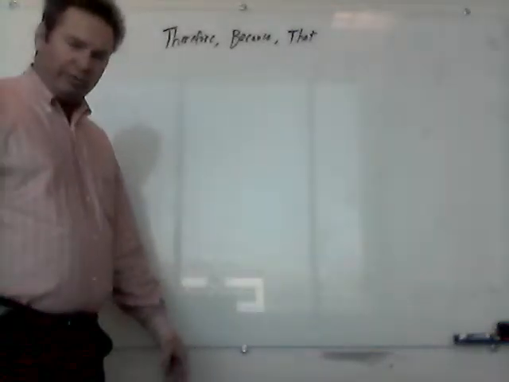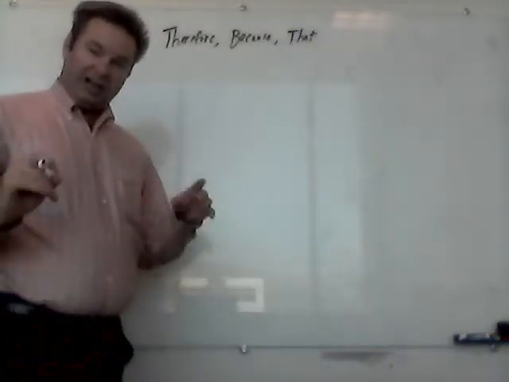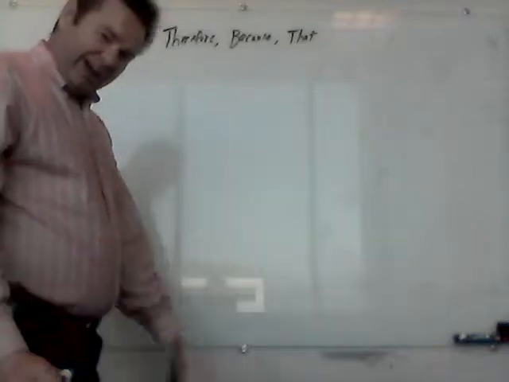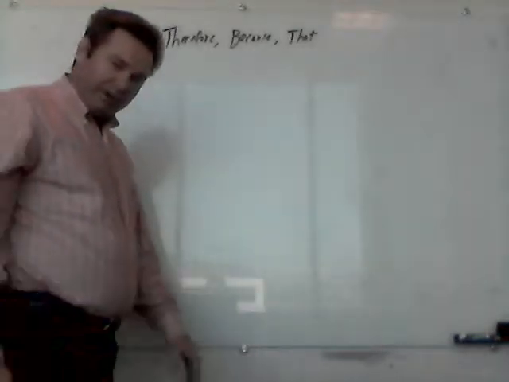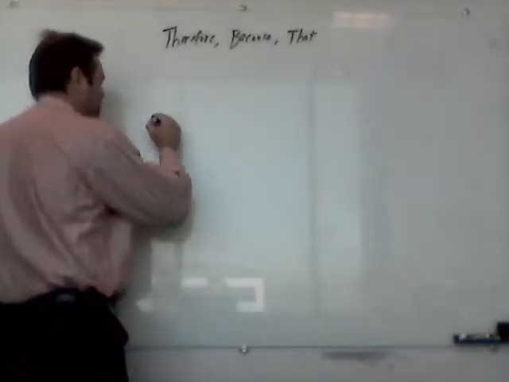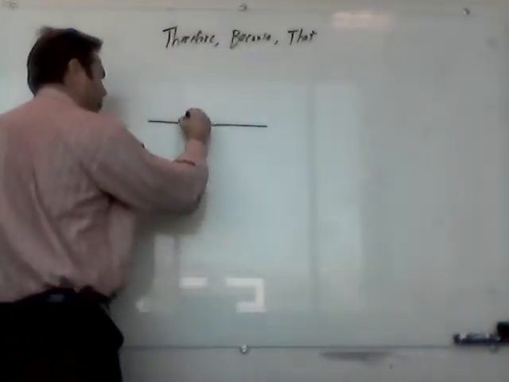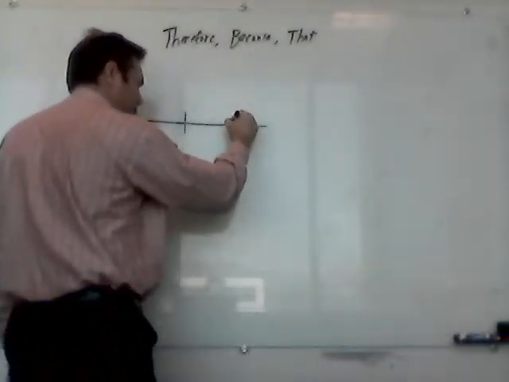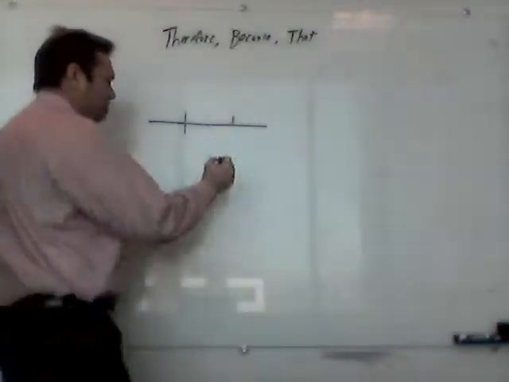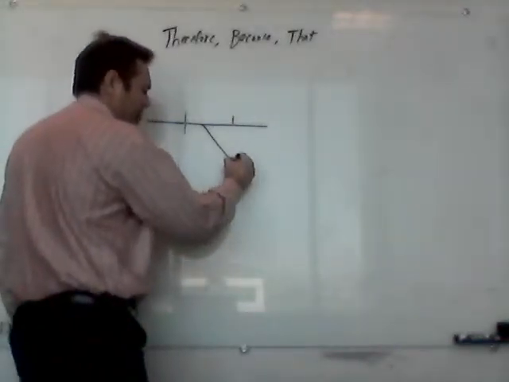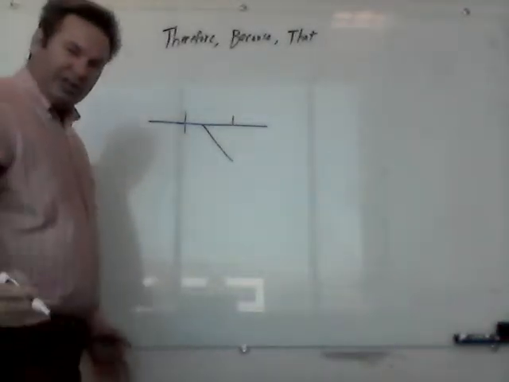We'll deal with this a lot more when we get to our chapter on conjunctions, but for now, if you have two clauses and one of them is a subordinate clause, here's how this works. You put one up here, and then you put a line going down like that. And in the middle of the line, you put your conjunction.